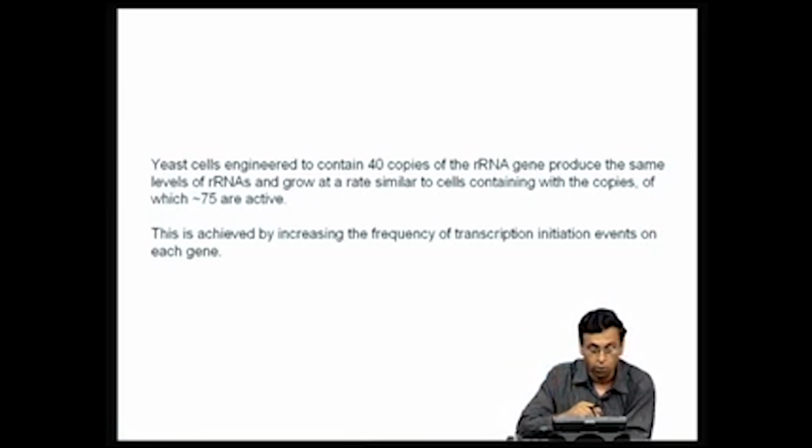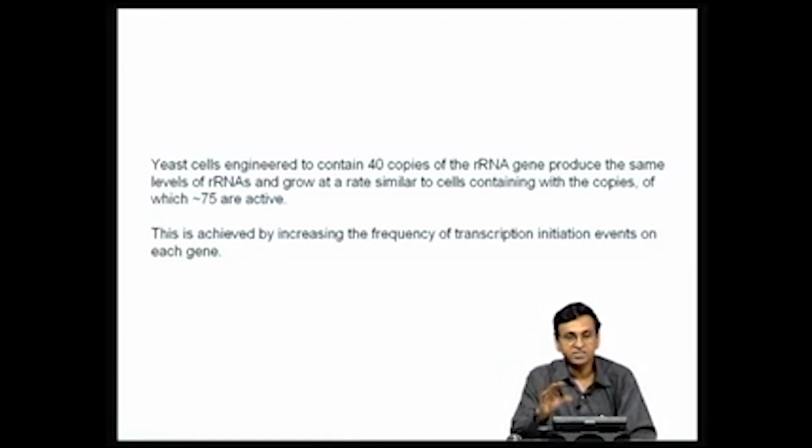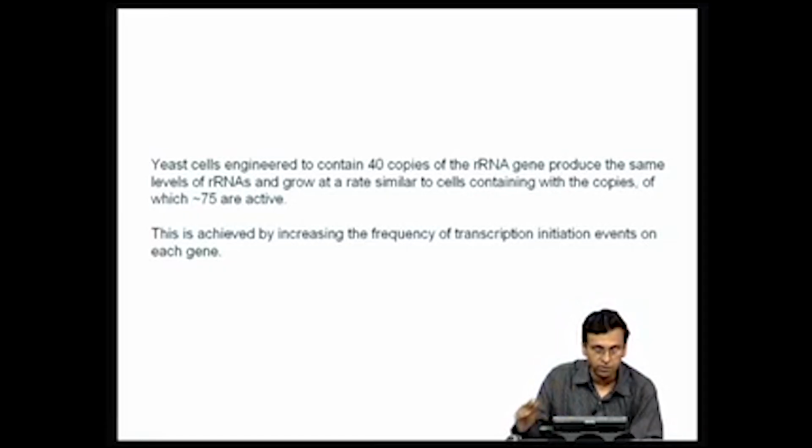Very interestingly, they found that although you decrease the number of copies of rRNA genes, the cells still grow at the same rate as the wild type yeast cells, and the amount of rRNA produced was still the same. This kind of experiment told us that not all the rDNA copies are transcribed at the same time. Depending upon the need, only a percentage of the rDNA genes are transcribed, and this can be finely regulated depending upon the need of the cells.